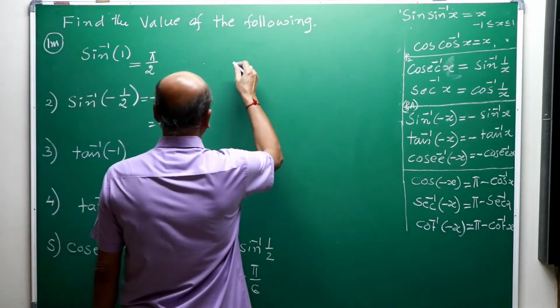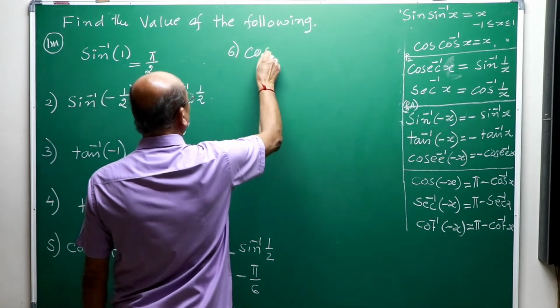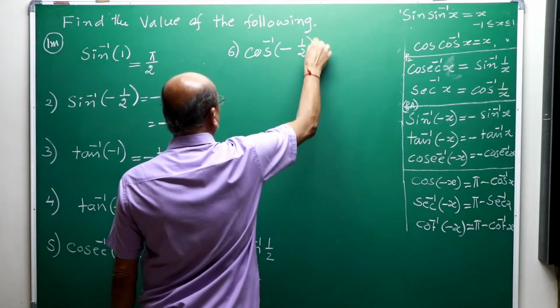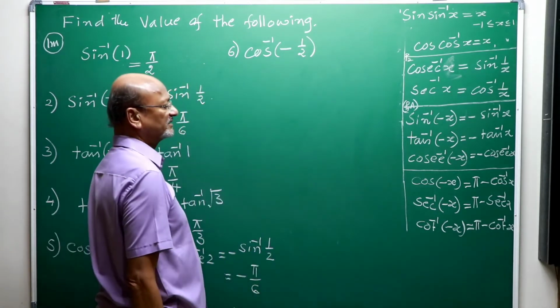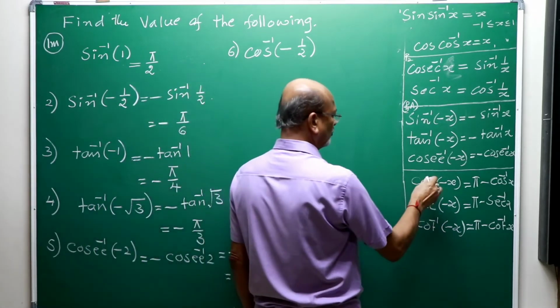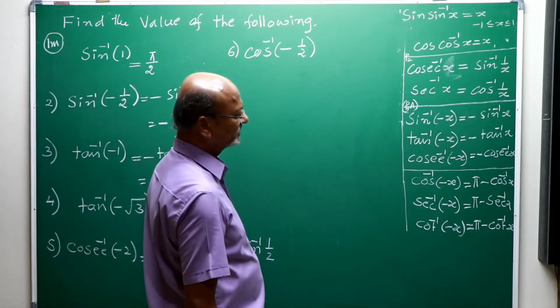Next is cos inverse of minus half. I use the down one, the second property. What is cos inverse of minus x? Pi minus cos inverse x.